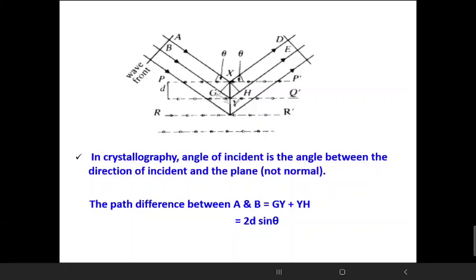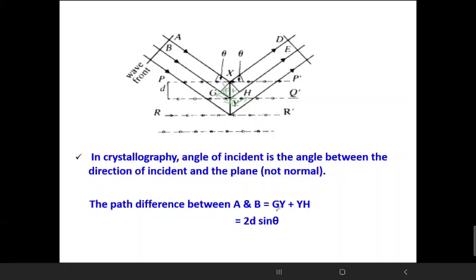GY plus YH. This is the difference between the paths AD and BE, so the path difference is a small distance. If this angle is theta, then this is 90 minus theta, and then this is theta, and this is also theta.